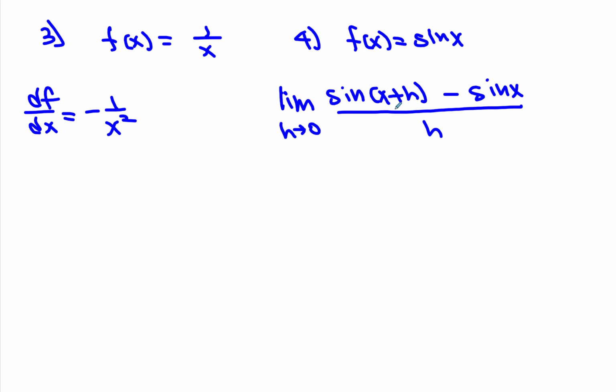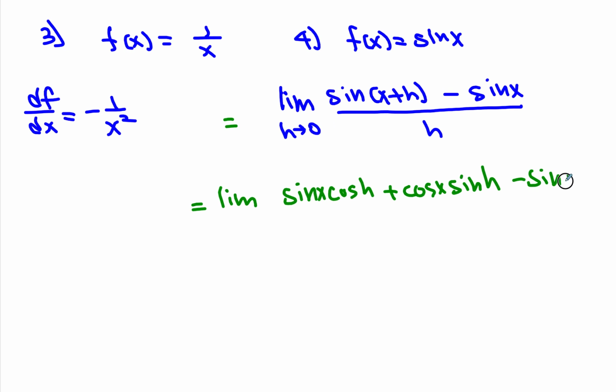Now, wait a minute. We know the sum rule for sine. What is that equal to? That's equal to limit of sine of x cosine of h plus, it's the same thing, cosine of x and then sine of h, minus sine of x, over h, h approaching 0.